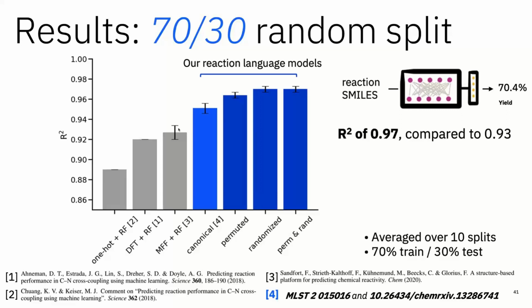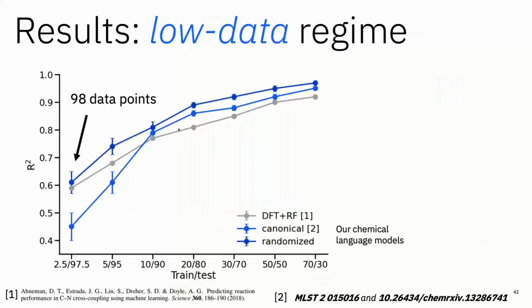The question then was, we all know that transformers, neural networks, deep learning models are very data hungry. So how would it perform with less data?